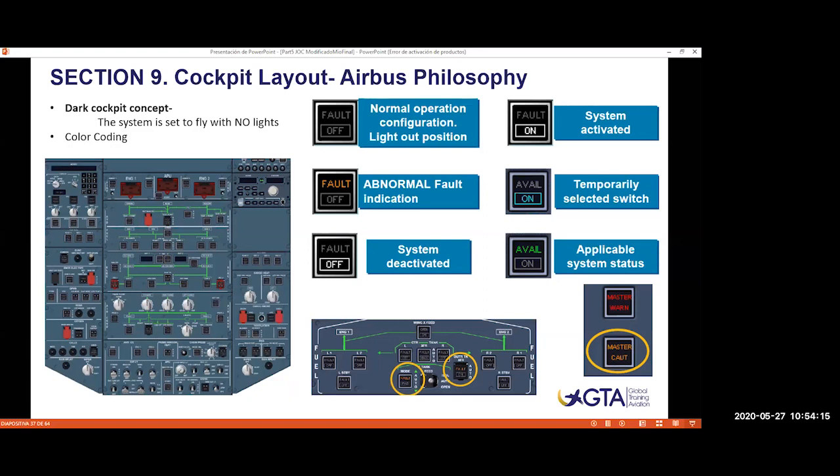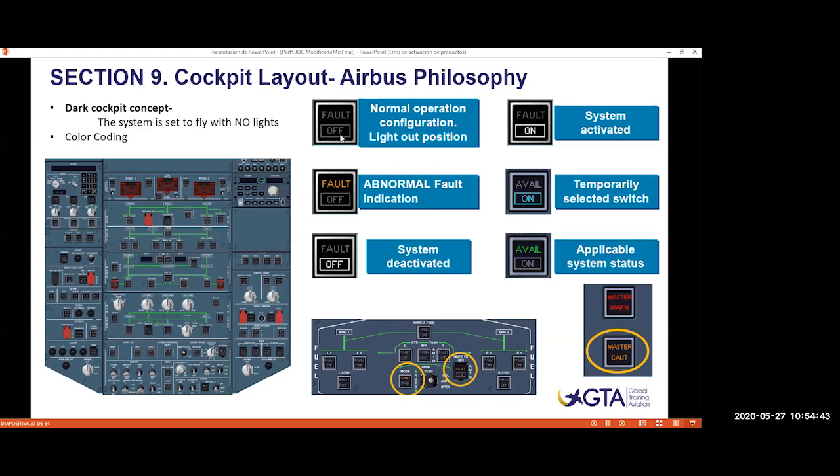So it's very easy to find a problem, because if one of the huge amount of buttons that we have here is illuminated during the flight, it means that something did not go well, because the buttons are set for the flight. And there is another thing that we call color coding.